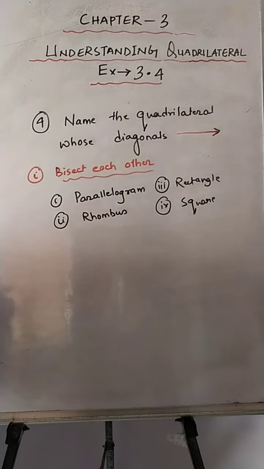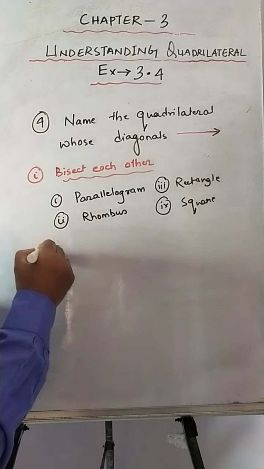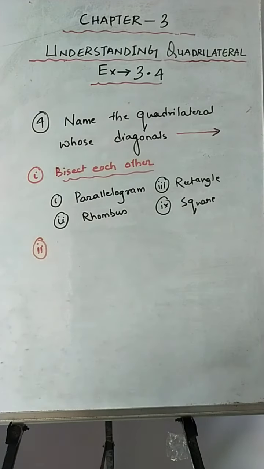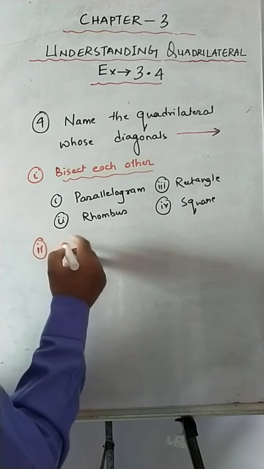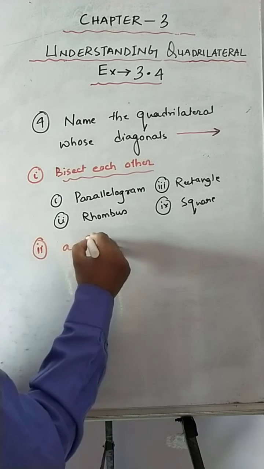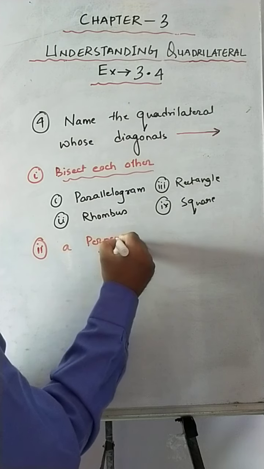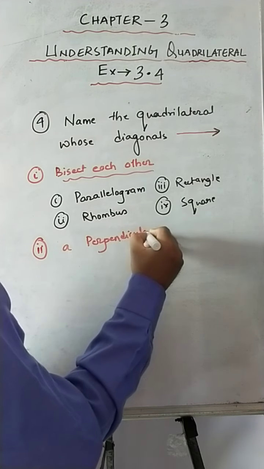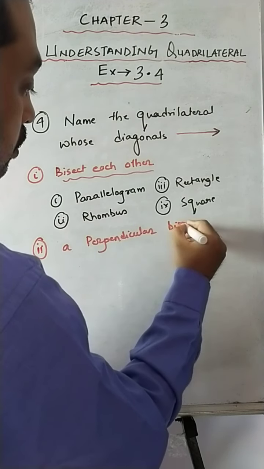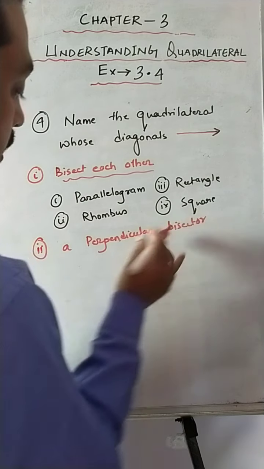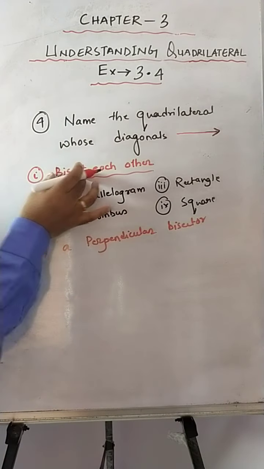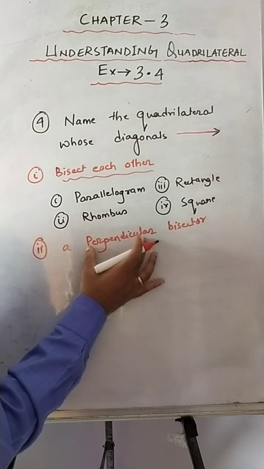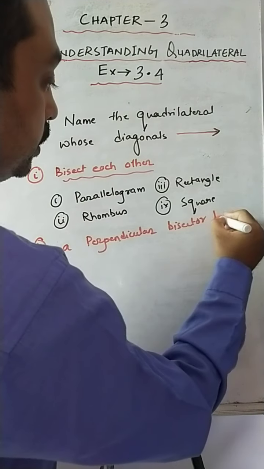Fine. So sum number 2, what do we have? Perpendicular bisector of each other. Fine. So perpendicular and also bisector. These two are different words. So a perpendicular bisector to each other.